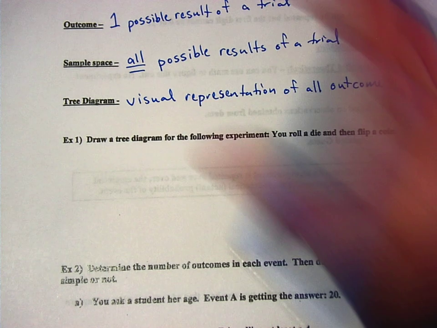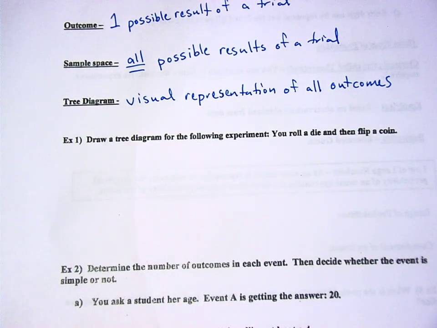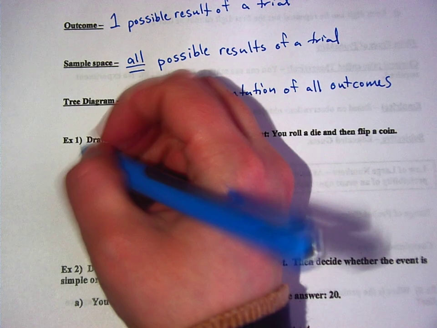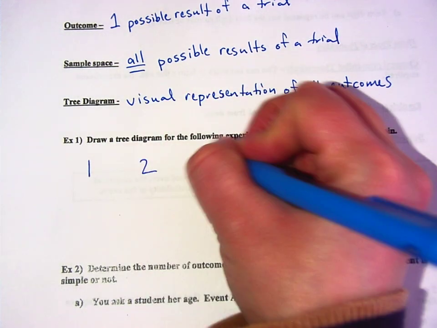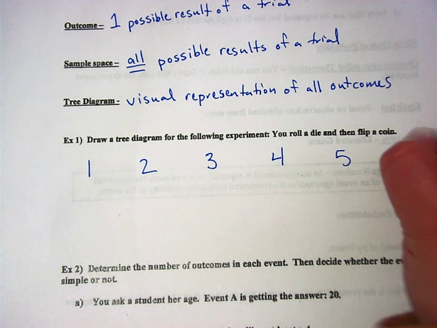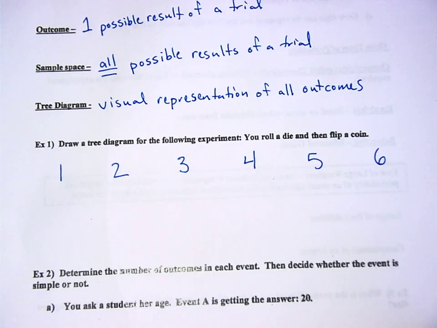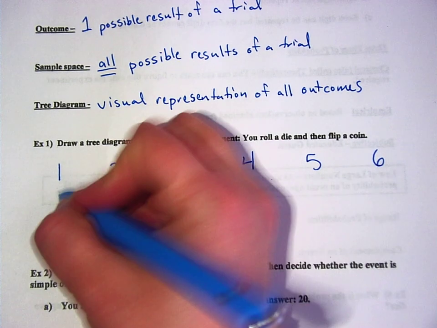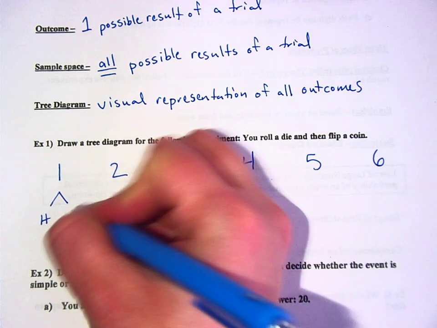So rolling a die and then flipping a coin looks like this. What are the choices for rolling a regular die? 6 choices. So 1, 2, 3, 4, 5, 6. And then after you roll your die, you could either get a heads or a tails.